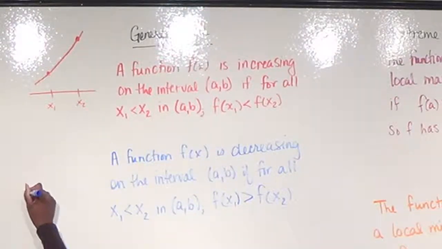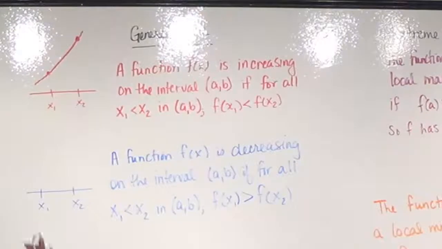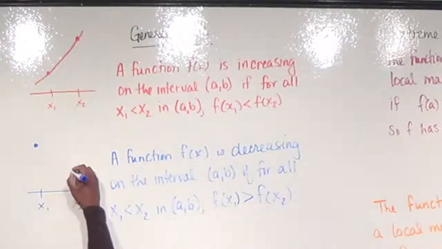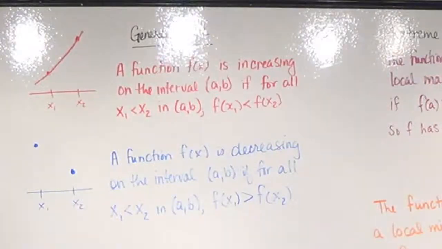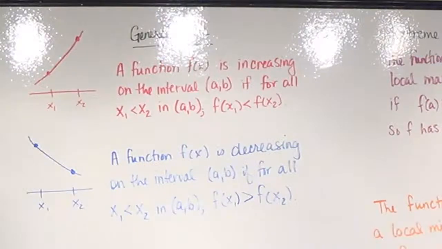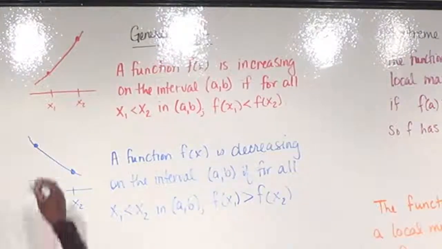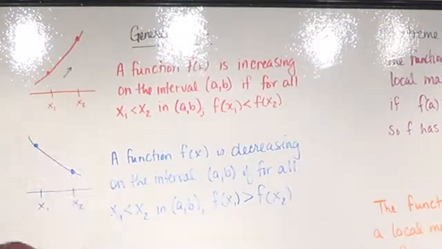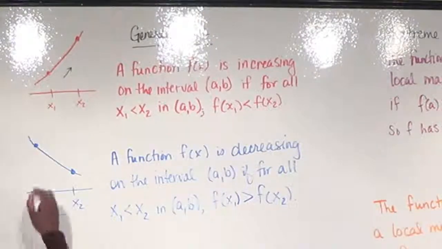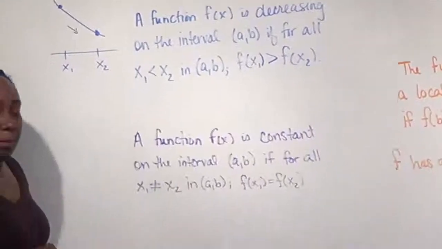So here in my picture, on my x-axis, if I have my points set up in this fashion, x1 to the left of x2, then my value for x1 is bigger than my value for x2, and so my function is said to be decreasing. And in both cases, we can see that the general slope here is positive, and the general slope here is downward or negative.